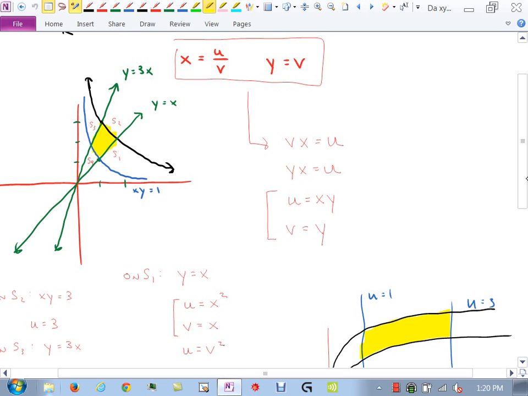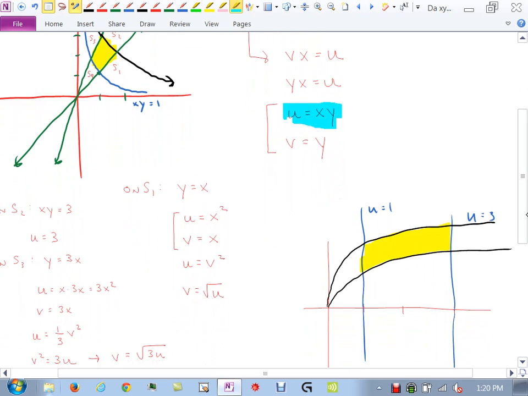Look at this equation. u is xy, right? But what's y? y is x. So u is x squared. What is v? Well, v is y, isn't it? So v is x. I know, it is like the chicken and the egg here. What happened first? So u must be x squared and v must be x.